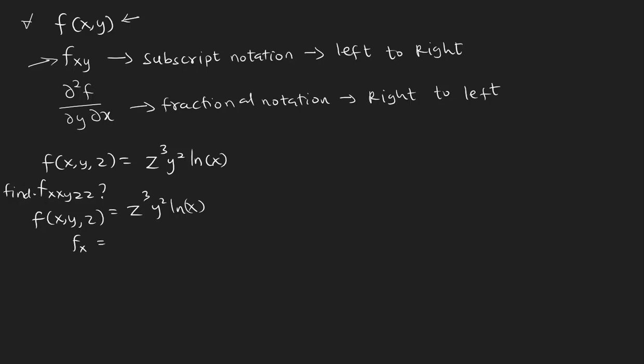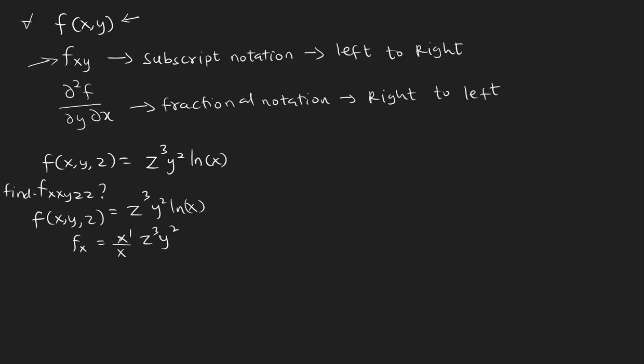Now for this expression here, it's only the ln that has x in it. So we are going to differentiate the ln. In differentiating the ln, we are going to have x prime divided by x, times z to the power 3 multiplying y squared.